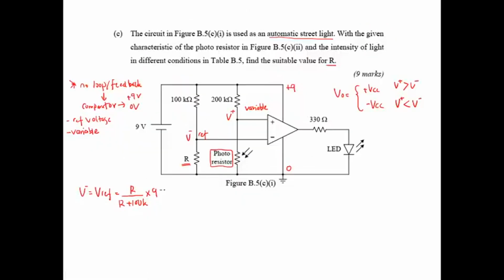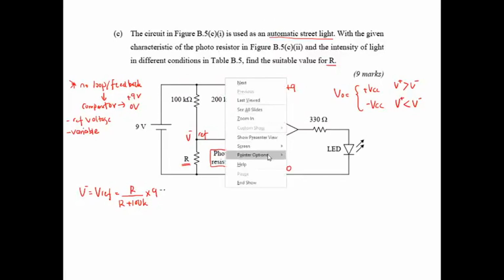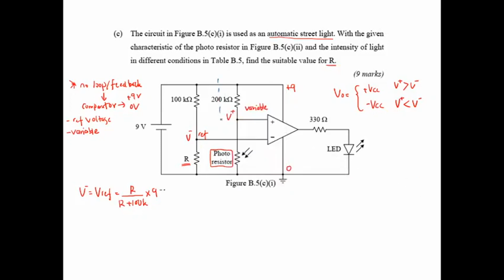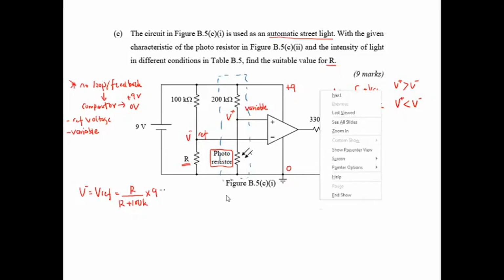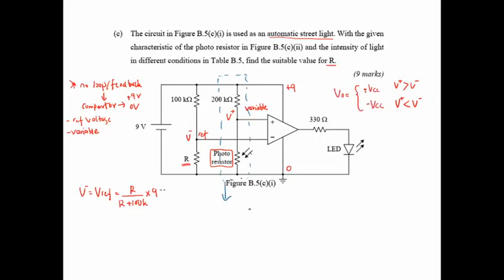So that means if you look only at this part, this is your VCC, plus 9, this is your 200K, and then this is your V plus.